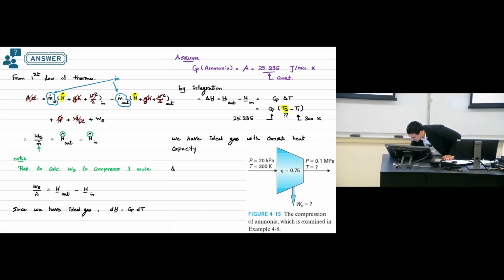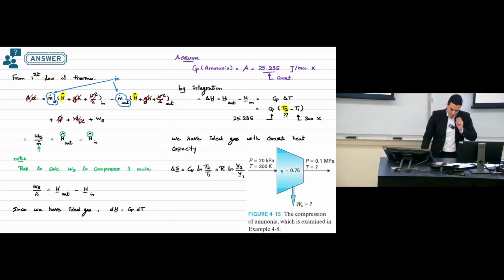So we know that the change in the molar entropy is Cv ln(T2 over T1) plus R ln(V2 over V1).